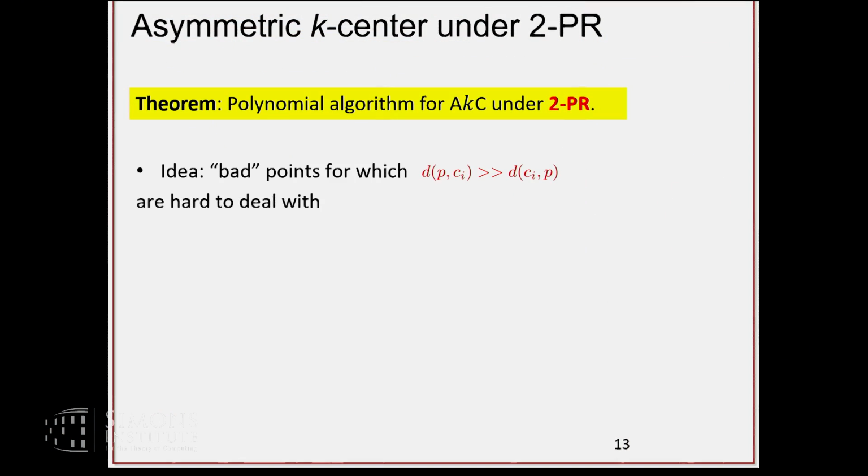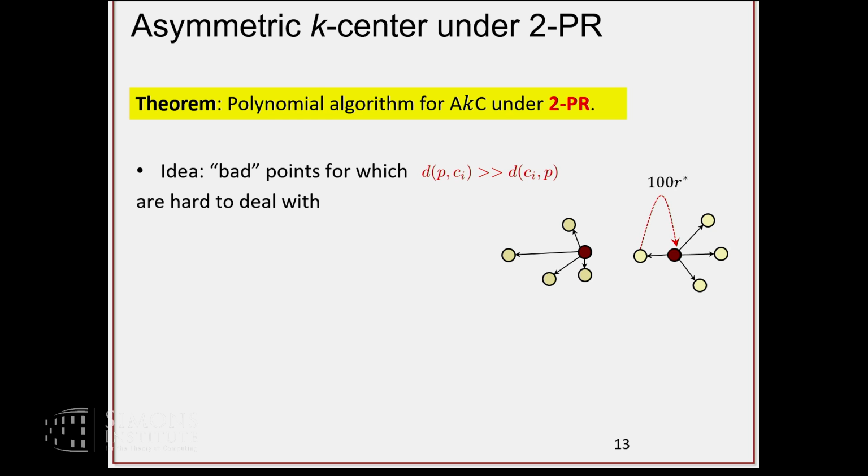Okay, so I'm going to start with a bit of intuition. In the asymmetric case, it's not as nice. By definition, we know that the distances from all the centers to the points are at most r star, but the distance from the points back to their centers, we have no idea what those distances could be.